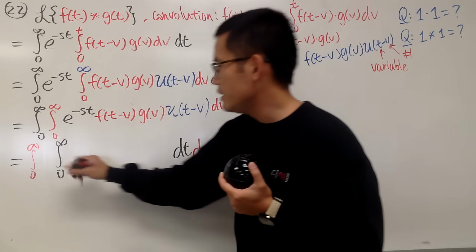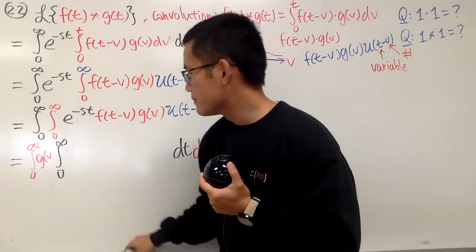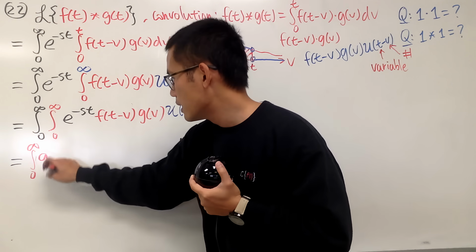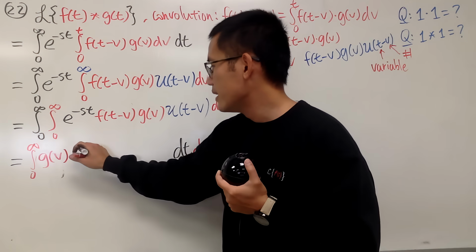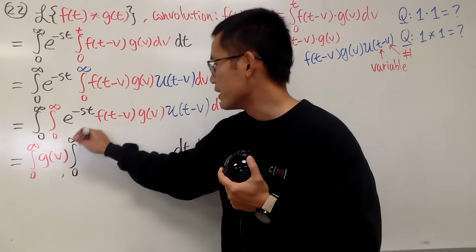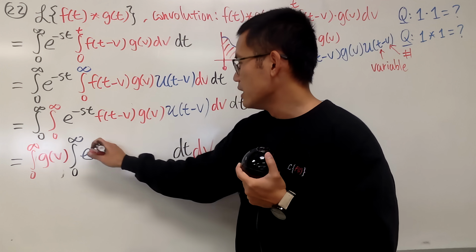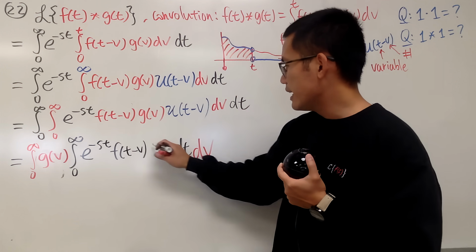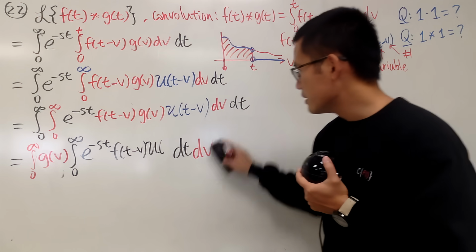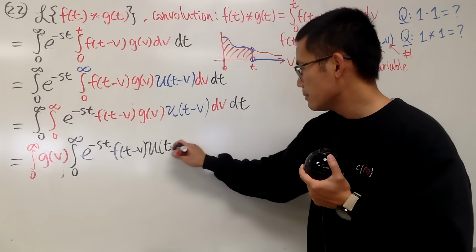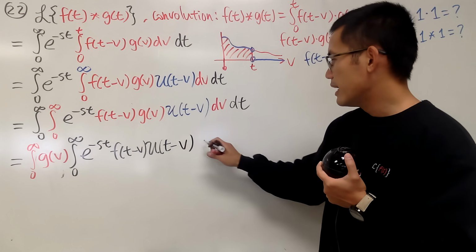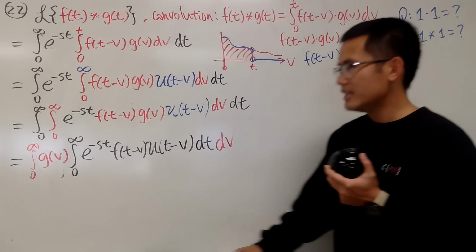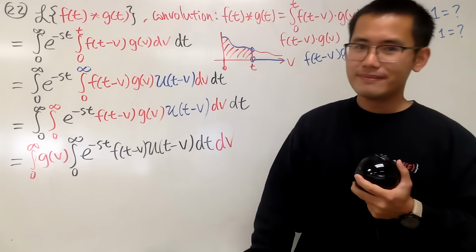So let me put the g of v in the front, and then the integral from 0 to infinity, and then the rest I'll just write down in black. e to the negative st, and then f of t minus v, and then u of t minus v, like this. And then I'm doing the dt first, and then the dv after that. Just like that. Very cool, huh?